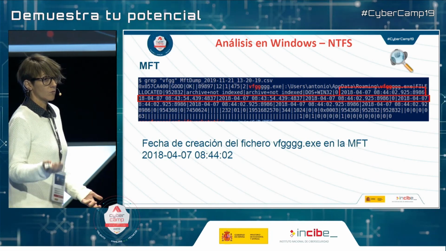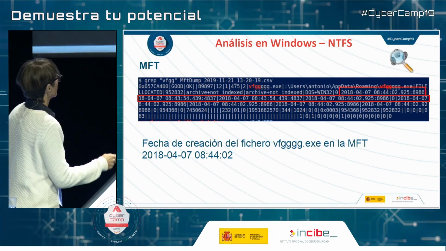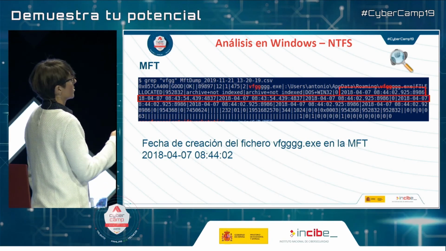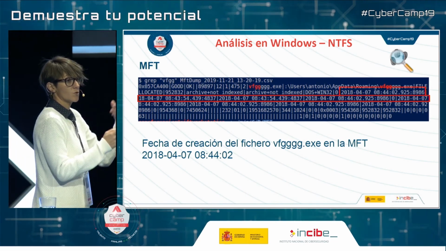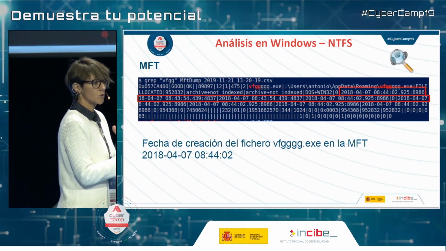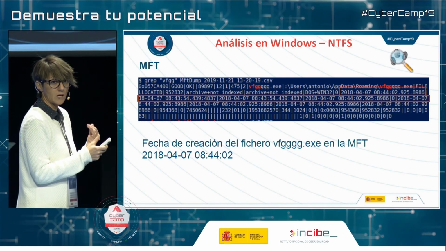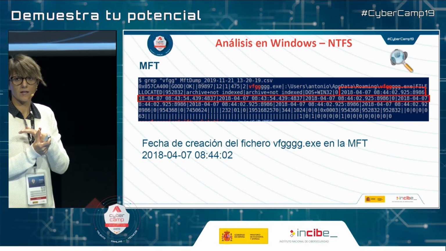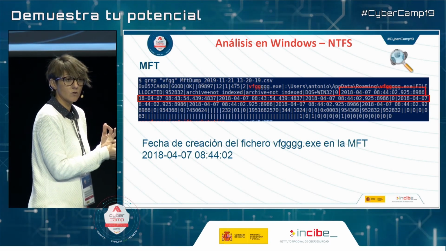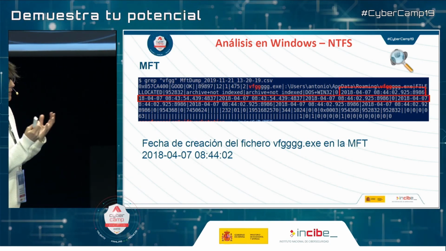So how do we analyze this? We do this with a shell from Linux, for example. We have a malicious file, we have a date, and we can use this to go further. We can have a look at that VFGGG file.